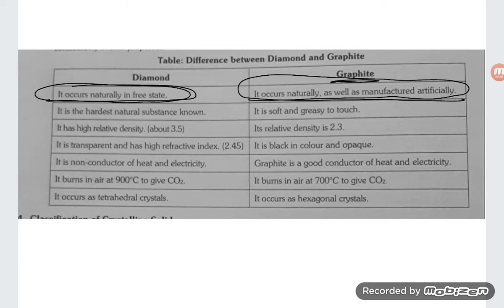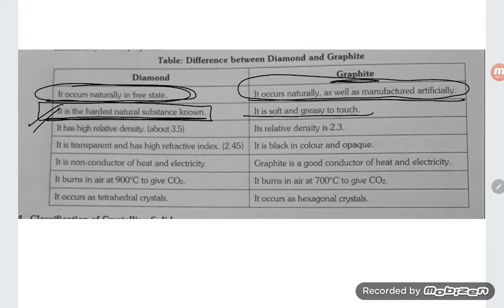Next, diamond is the hardest natural substance, one of the hardest substances found on the earth. That is why it is used as an abrasive for making holes in metals.